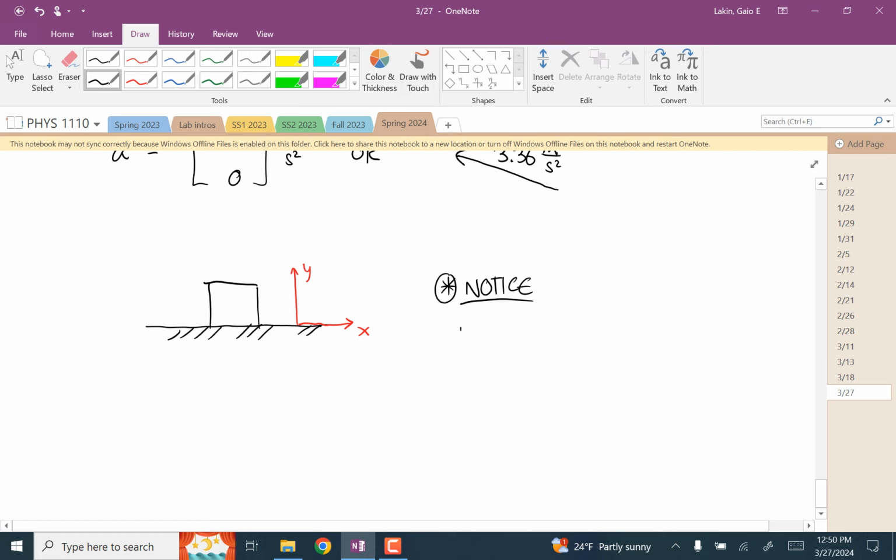So notice if the incline is 0, you get the usual coordinate system.